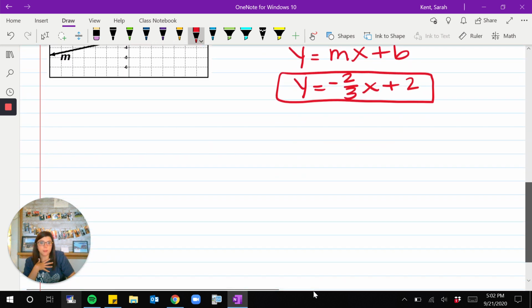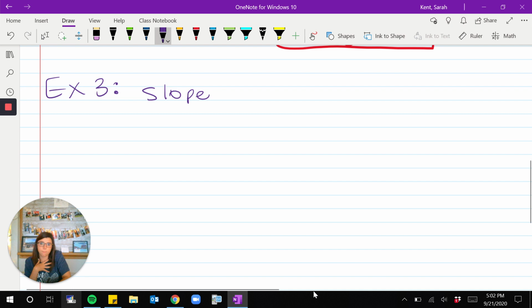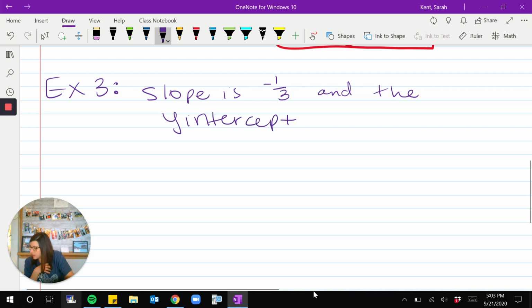If we call this example 3, what they will say is the slope is -1/3 and the y-intercept is 11. Now we just have to remember which one is m and which one is b.